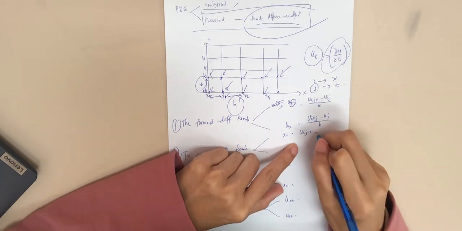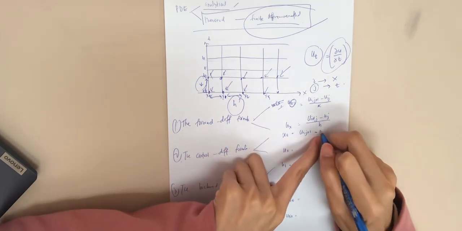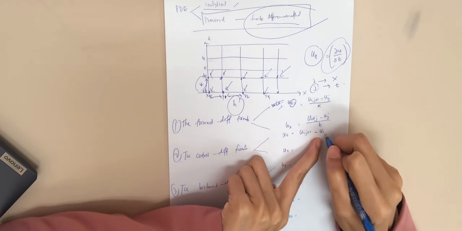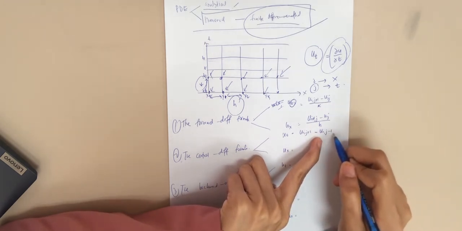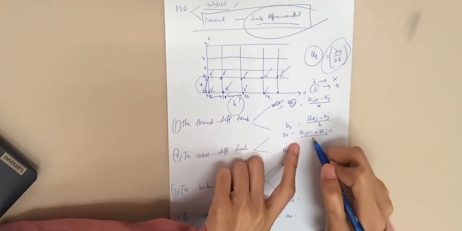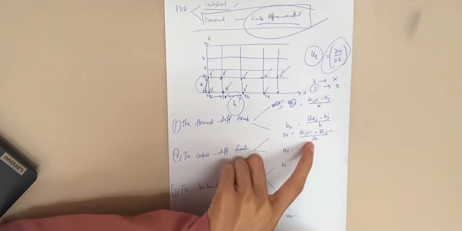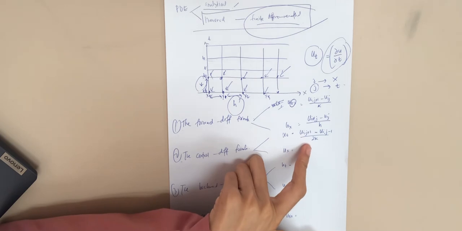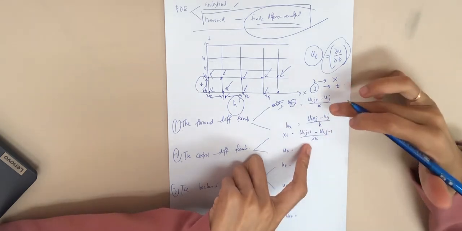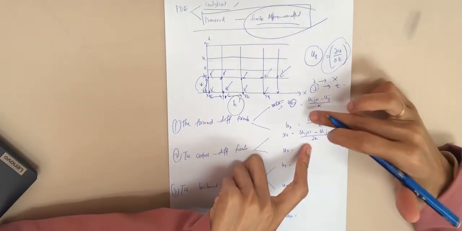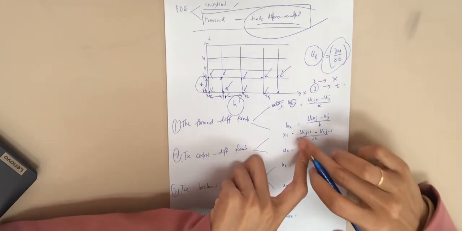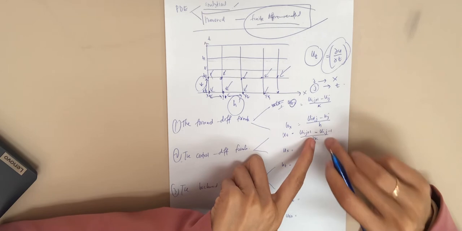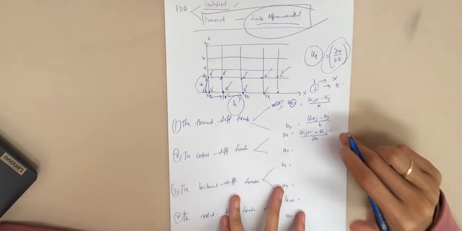And then minus, kat sini ada changes, it will be u i j minus 1, and then divide by 2k. So it's different from forward. Forward tadi was u i j plus 1 minus u i j divide by k. But now it's central: u i j plus 1 minus u i j minus 1 divide by 2k.